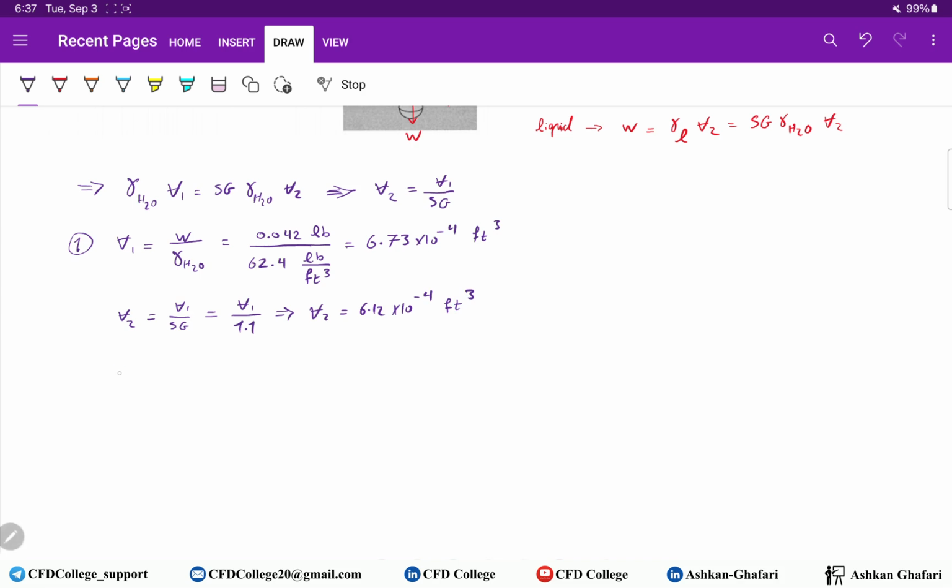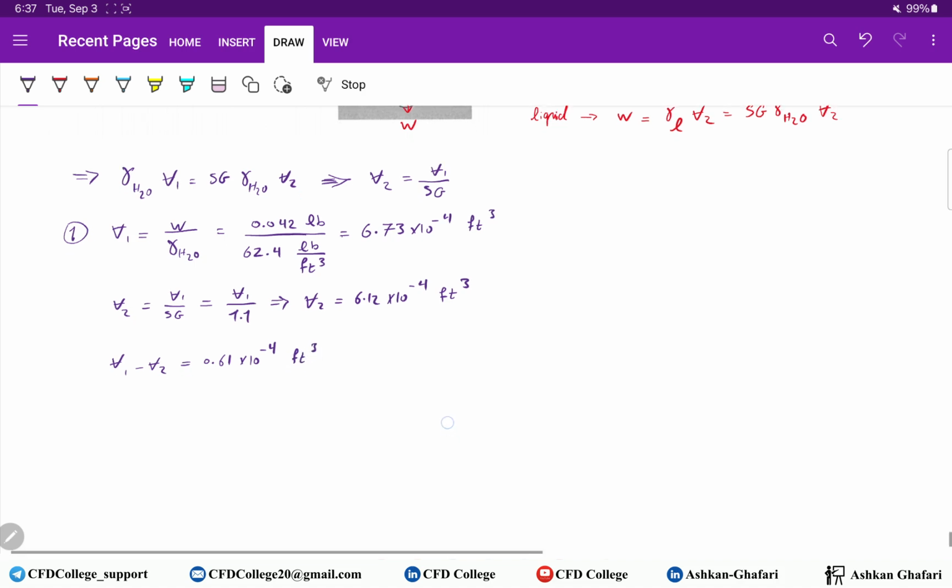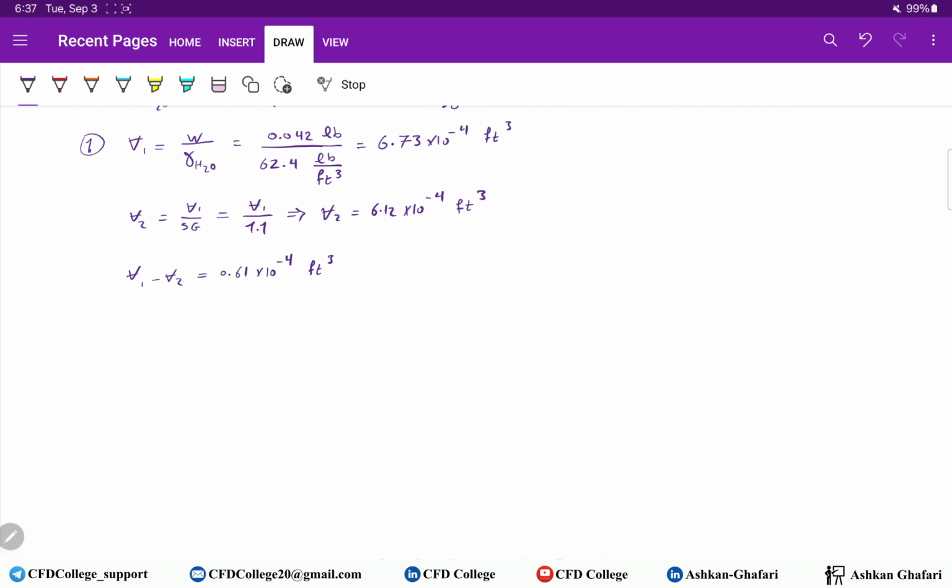Now we can find the difference. V1 minus V2 equals 0.61 times 10 to the power of minus 4 cubic feet. And now we can find the difference in submerged depths.